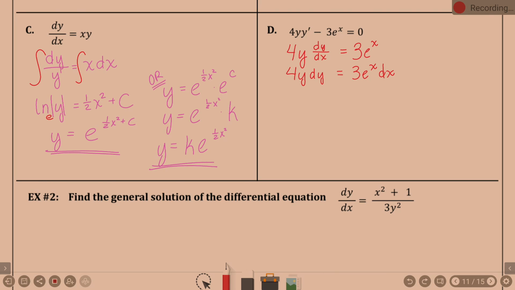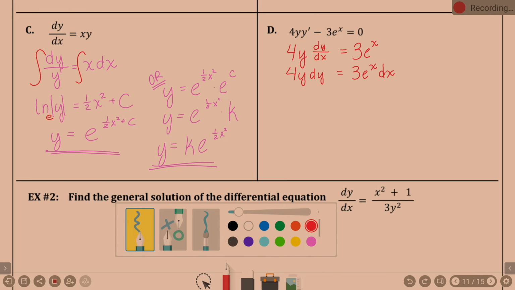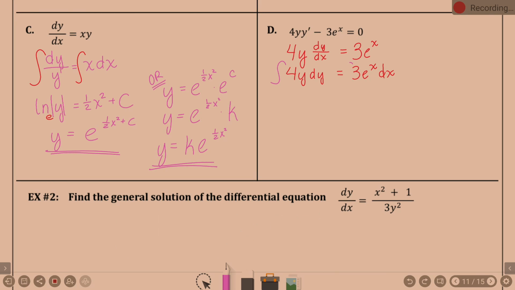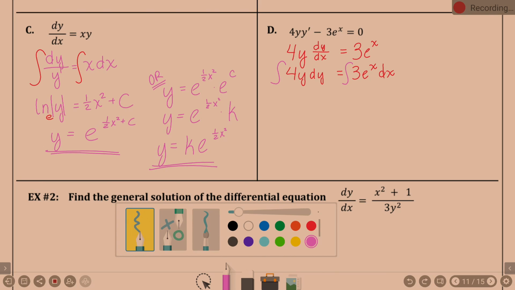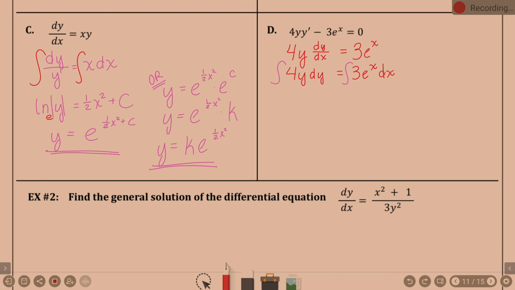I feel like this one's too easy. Integral of 4y: add 1 to the power, divide by the new power, which 4 divided by 2 makes it 2, so 2y squared. Integral of 3e to the x is 3e to the x plus c.